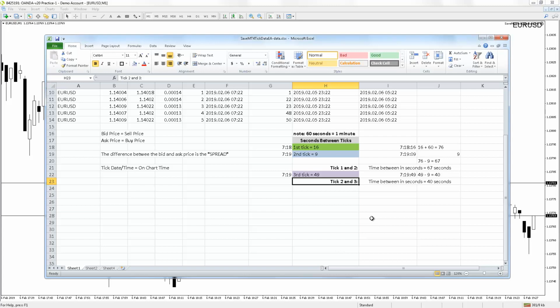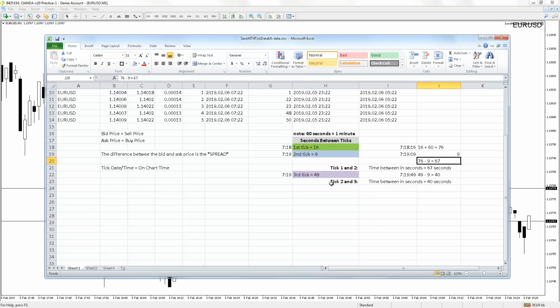So between tick 1 and tick 2, 67 seconds. Between tick 2 and tick 3, 40 seconds.